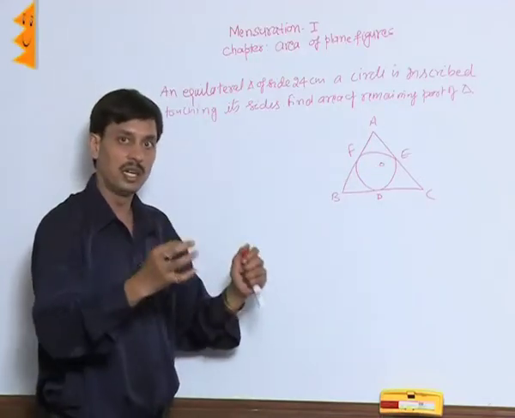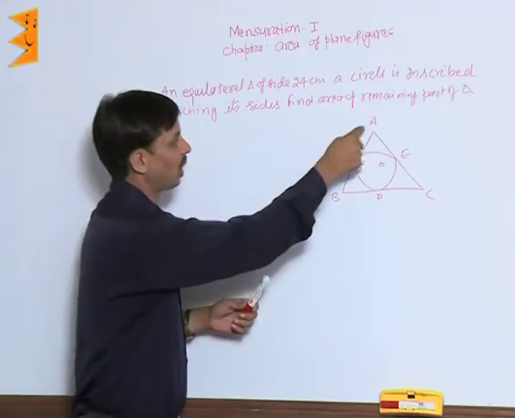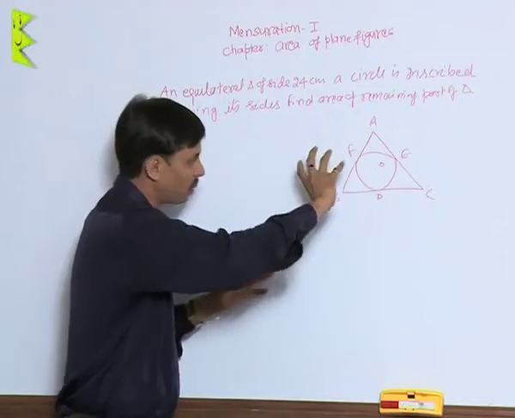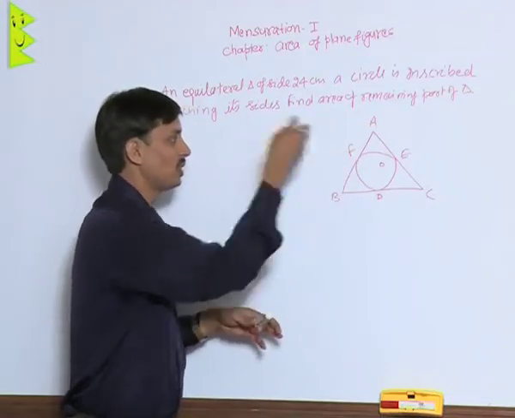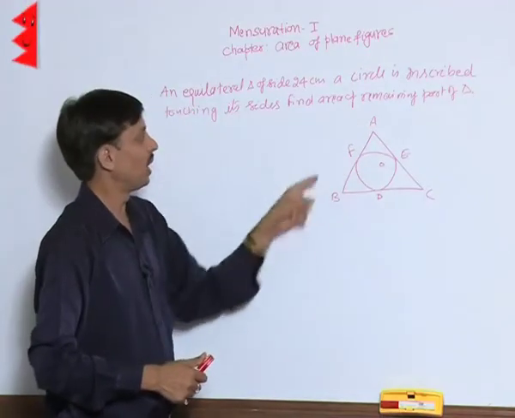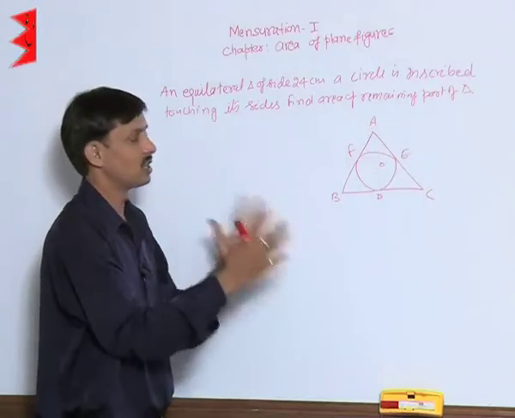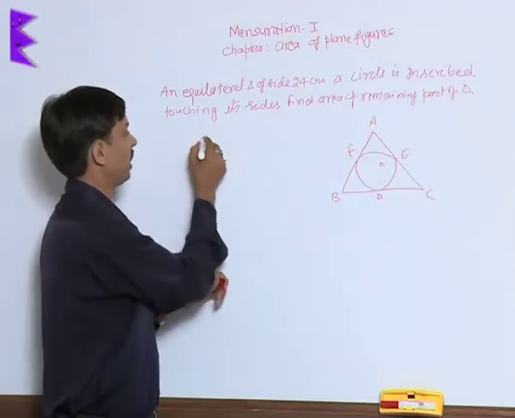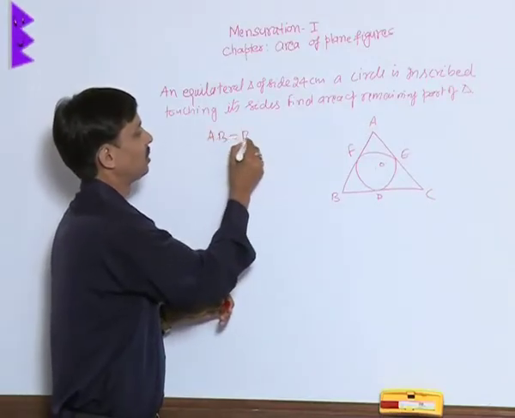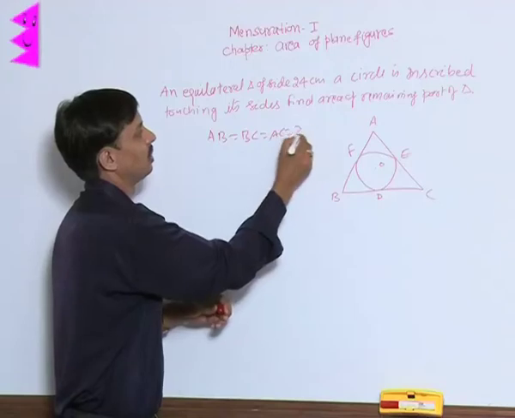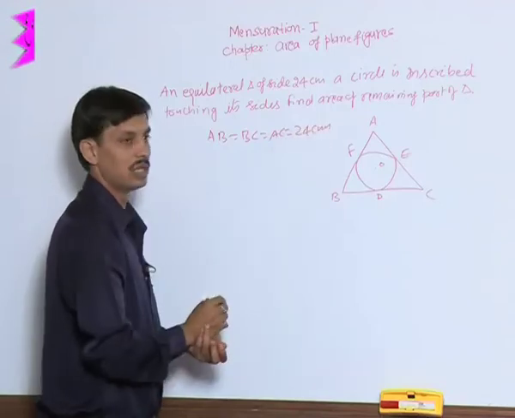They are at the same position. So how will we find the radius of this circle? We have the side of the triangle: AB equals BC equals AC equals 24 centimeter.